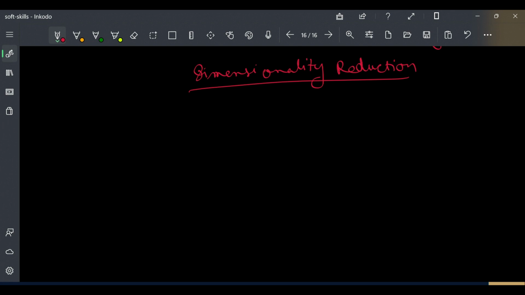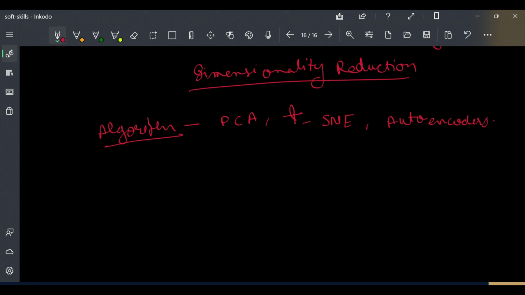The algorithms which we are using are PCA, t-SNE, and autoencoder. So these are all algorithms which we are using in this.